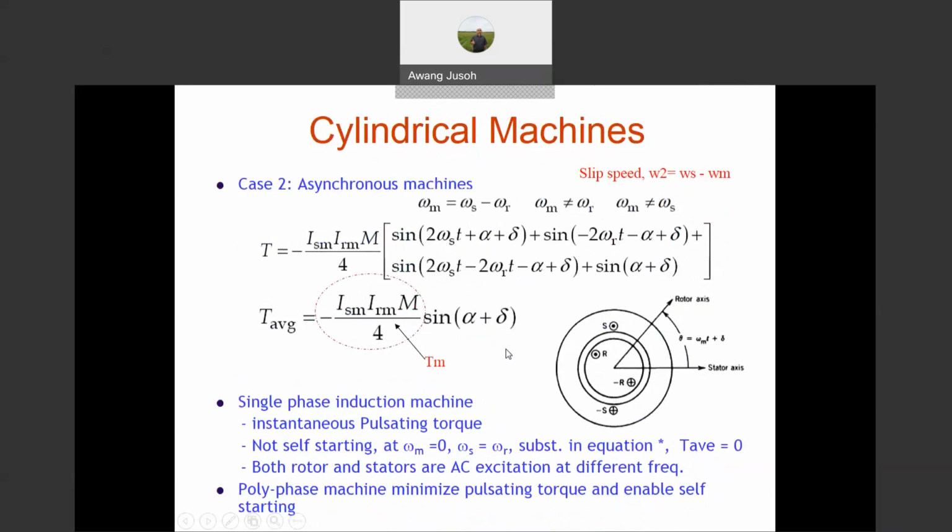That is the asynchronous machine. For the single phase induction machine, as we call the asynchronous machine, if we substitute omega m equal to 0, then omega s equals omega r. Substituting back into the previous equation, we found that there is no average torque produced in the single phase induction machine.